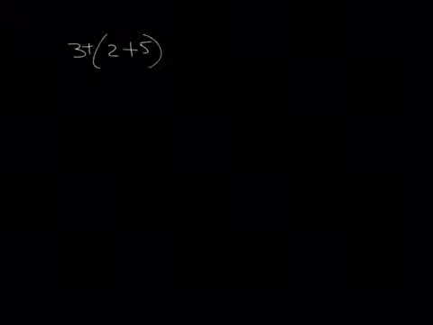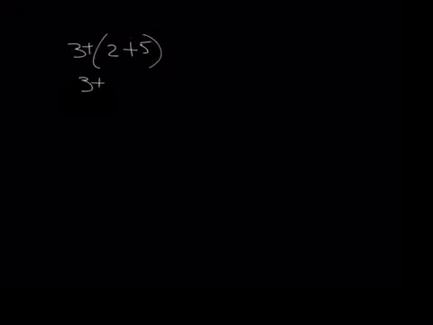Alright, let's continue on. We've got the associative property of addition, and really all that is grouping. 3 plus the quantity 2 plus 5 would be, and remember PEMDAS, you do what's in the parentheses first, and you get 10.